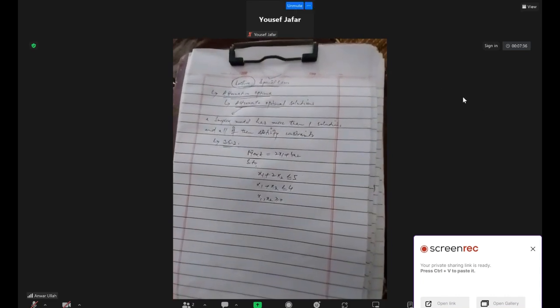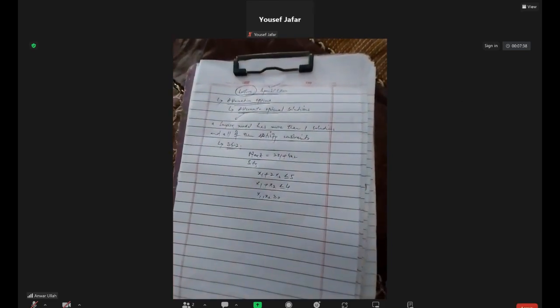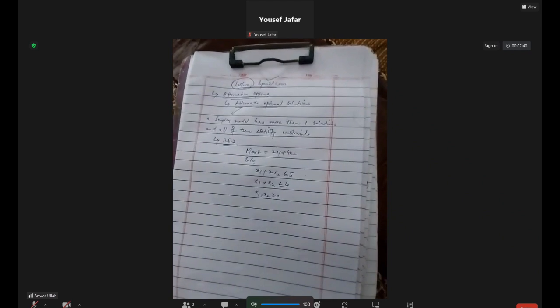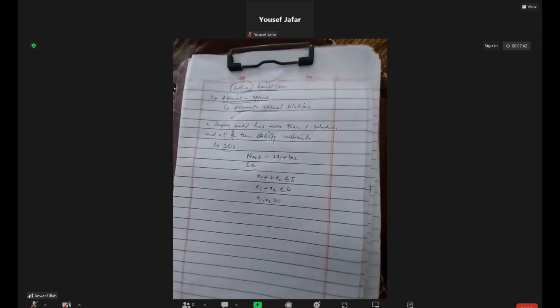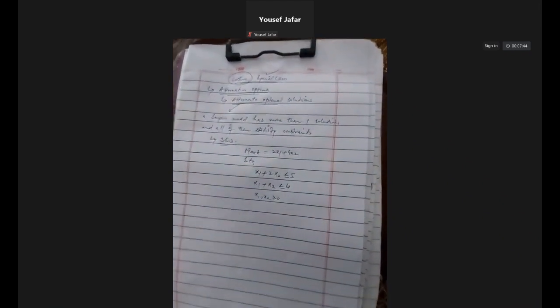I will make the simplex iterations of it, and I will show you how the solution is not changing. The decision variables change their value, but the optimal solution will remain the same.